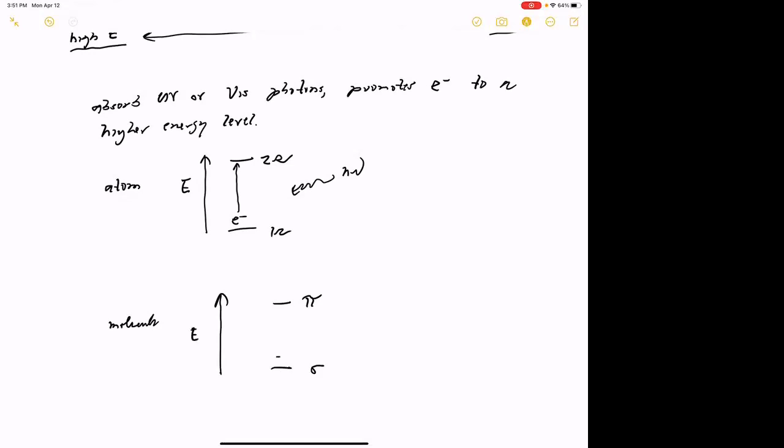An electron might be in a pi bonding orbital, and it might get promoted to a pi anti-bonding orbital. So I can put a star up there to represent that. But the same thing is true. In other words, we have to have the correct energy, frequency, or wavelength of photon being absorbed to cause that transition to occur.